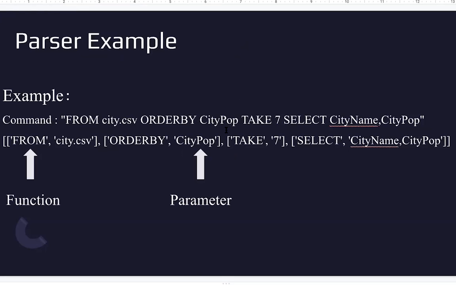We can see that all of the keywords, such as from, order by, and take, are at index 0, and at index 1 is the file, or the things that we want to select from the file. Each keyword, like from, order by, and take, acts like a function that takes the second index as its parameters, and then passes it to the SQL engine.